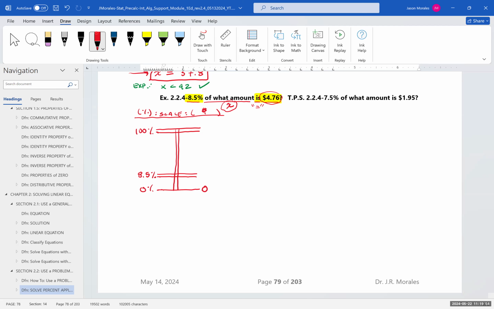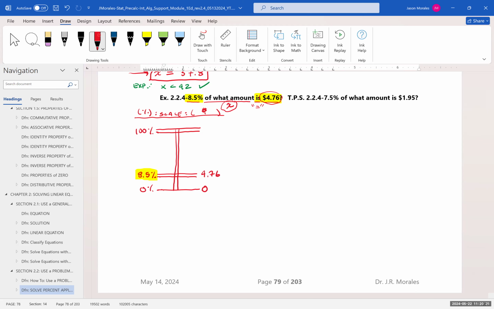Okay, so what I pointed out here is that 8.5% on the percentage scale, I apologize for this slowdown here, 8.5% on the percentage side of the scale is being equated to $4.76. So $4.76 goes here.